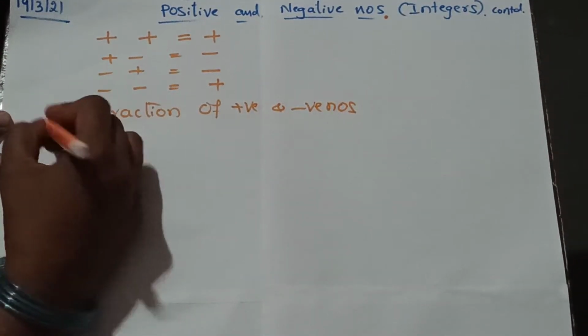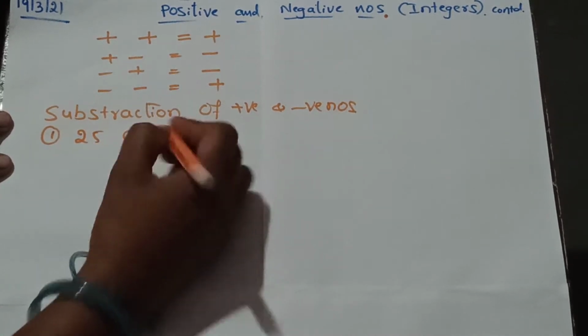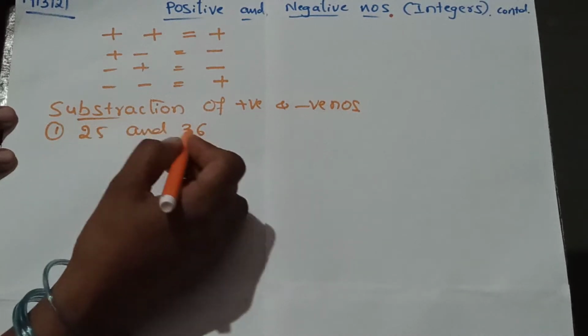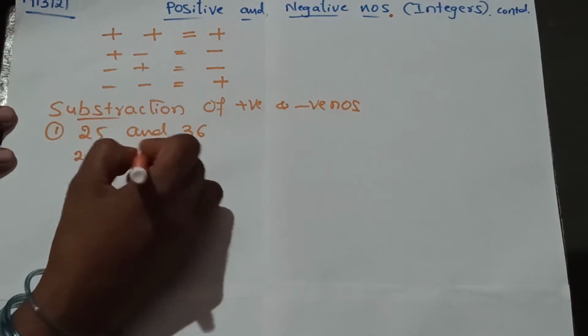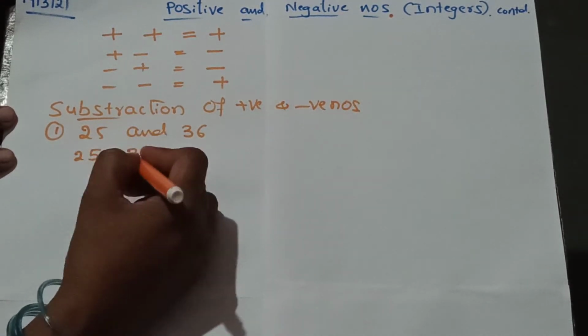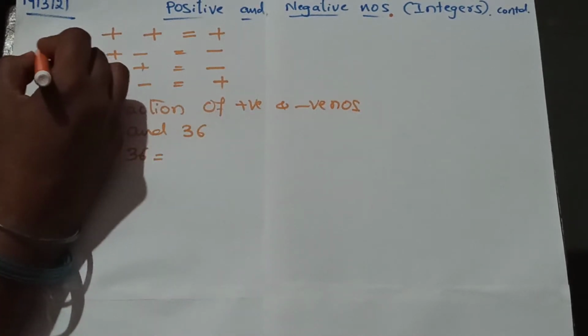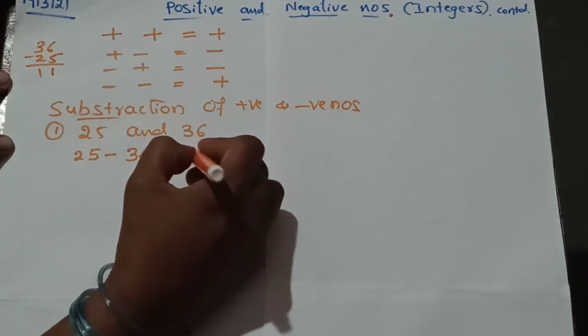Suppose we have numbers like 25 and 36, both positive. Subtraction of both the positive numbers, that is 25 minus 36. As you know, it is very simple. 25 minus 36 we cannot subtract directly, so once again we go with 36 minus 25, which gives 11.